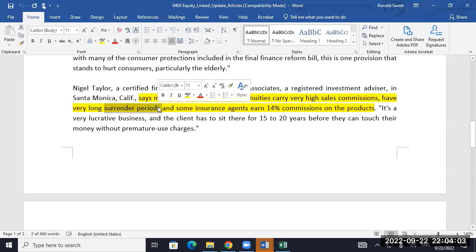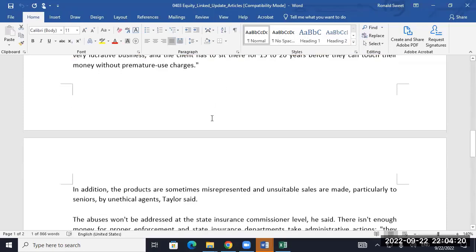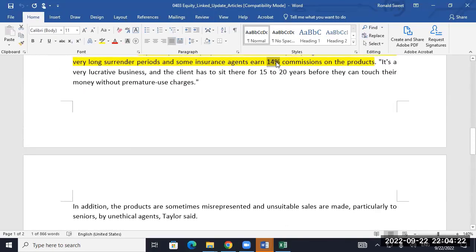That means if you change your mind after 10 years, you're still going to be penalized heavily. 14% commissions. I used a 10% commission, but think about a 14% commission. There's no way you can come out ahead on this product because they're giving 14% of your money away. How many of y'all would buy a front-end load mutual fund that charges a 14% sales commission up front? You know there's no way you can win that battle.